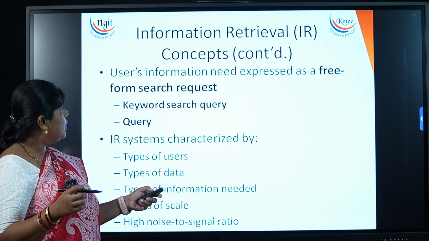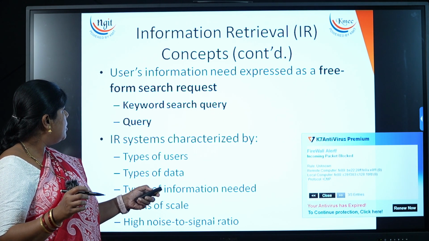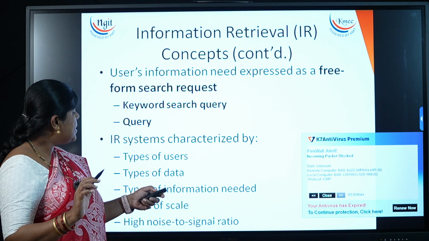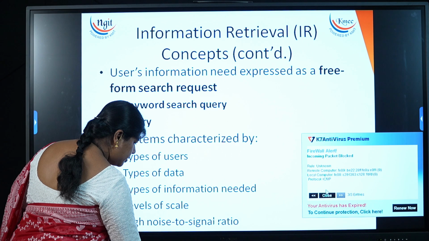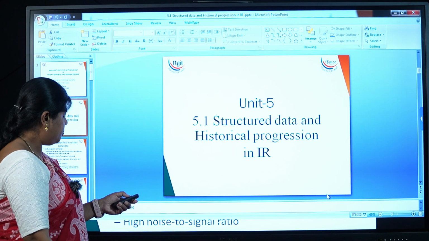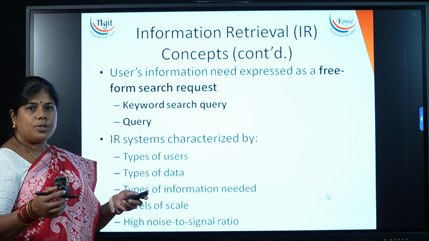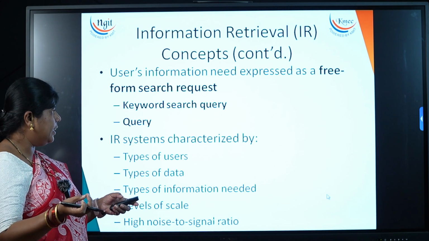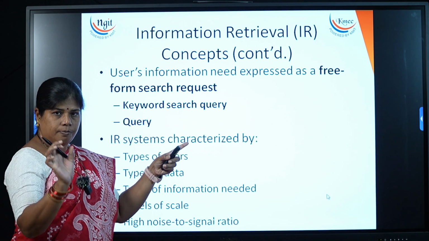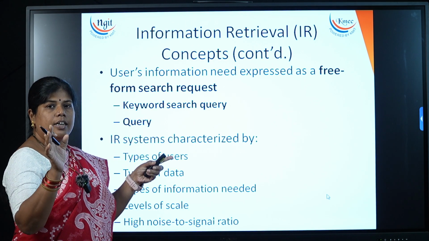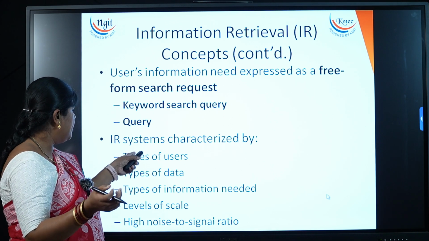Now the user's information need is expressed in the form of a search request. So the user will express his information need as a search request. It may be just a word or it may be multiple words, means a query will be formed using those multiple words.